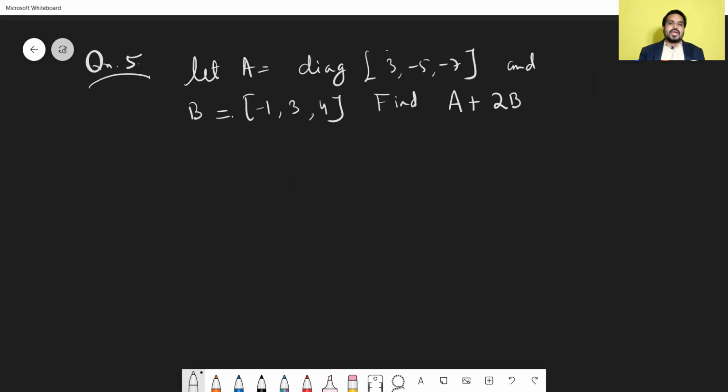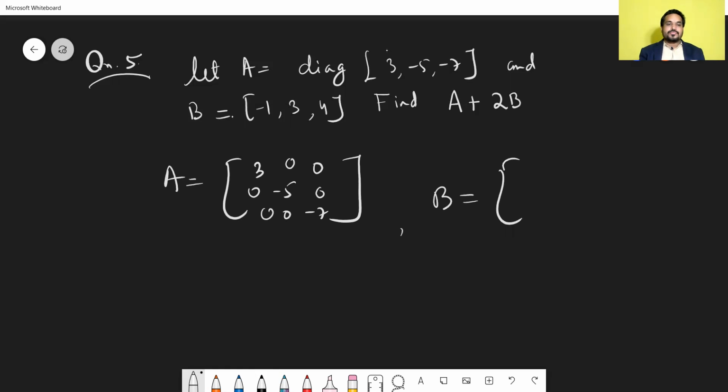In question number 5, A equals diag(3, −5, −7), which means A is a diagonal matrix with 3, −5, −7 on the diagonal and other values 0. And B is the diagonal matrix with −1, 3, 4 and all other entries 0. These two diagonal matrices are given, and we have to find A + 2B.